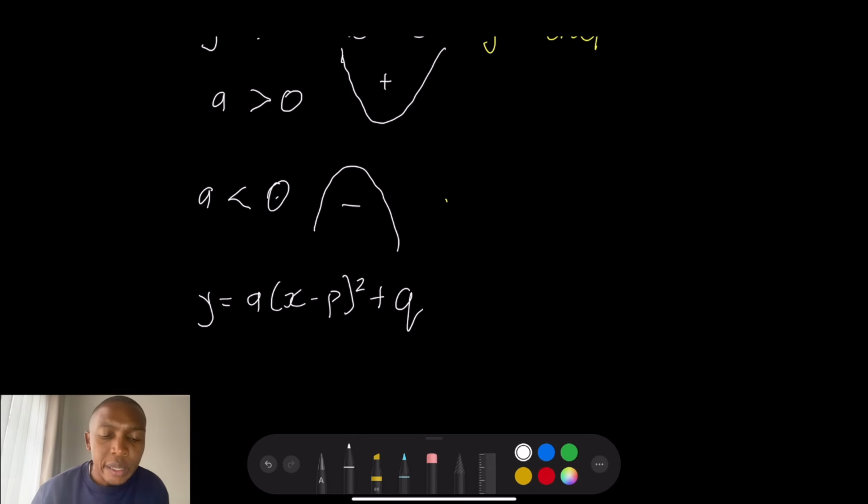When we express a parabola in this way, usually we take the standard form that I just showed you, and we complete the square. I'm hoping that someday I'll be able to make an entire lesson on the 5 ways of solving quadratic equations. One of the ways of solving quadratic equations is to complete the square.